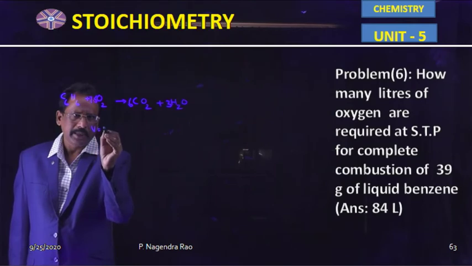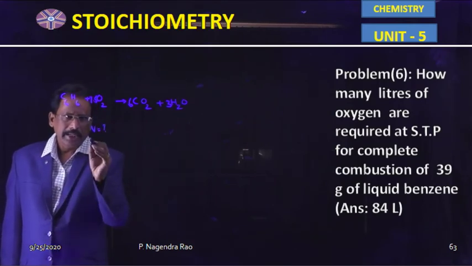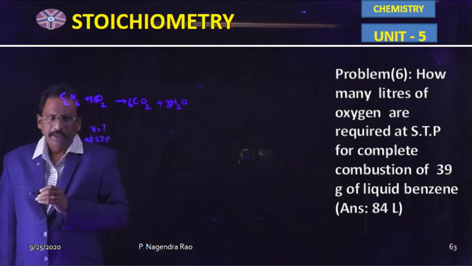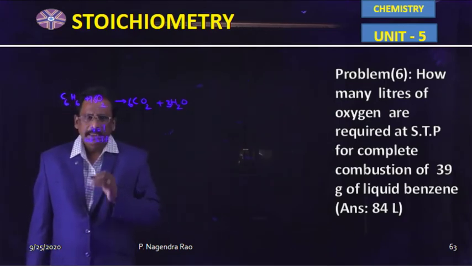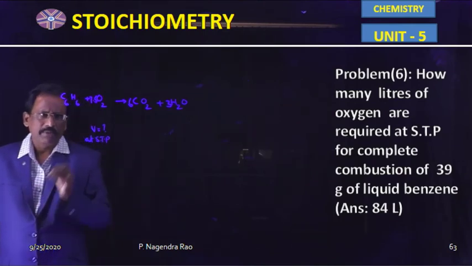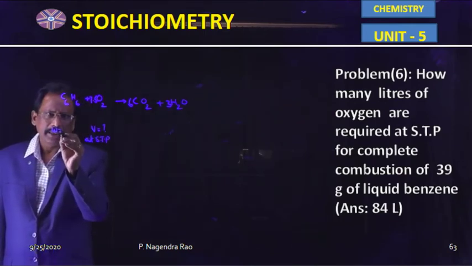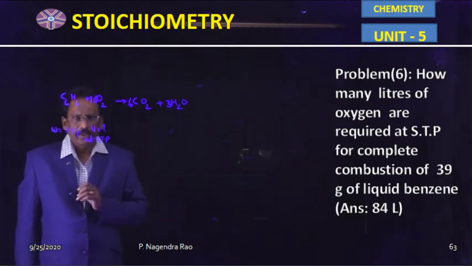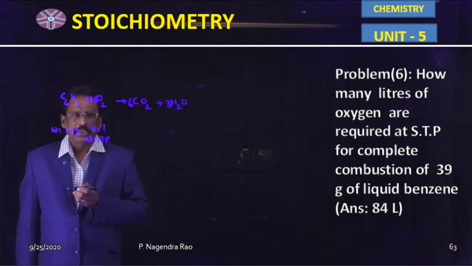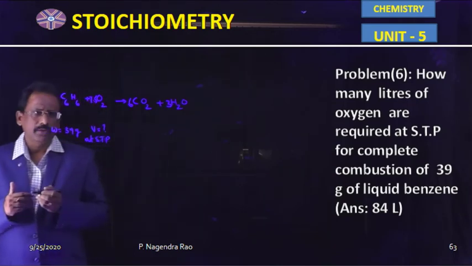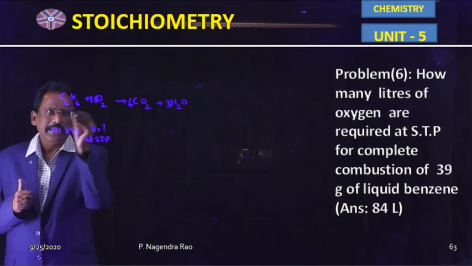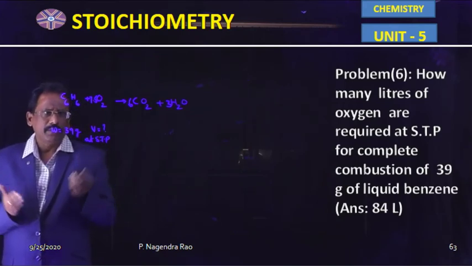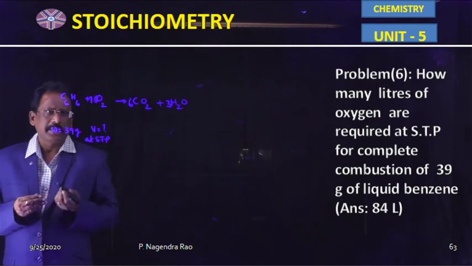In this problem, how many liters of oxygen at STP are required for the complete combustion of 39 grams of liquid benzene? Weight volume calculation. According to the reaction, 1 gram molecular weight of benzene requires 7.5 moles of oxygen gas at STP.